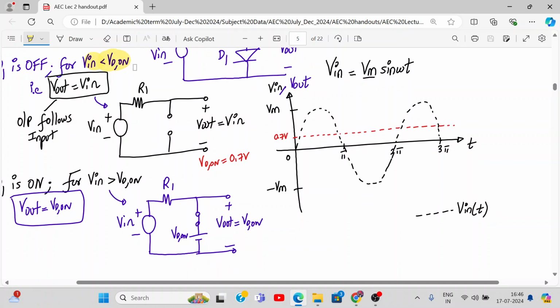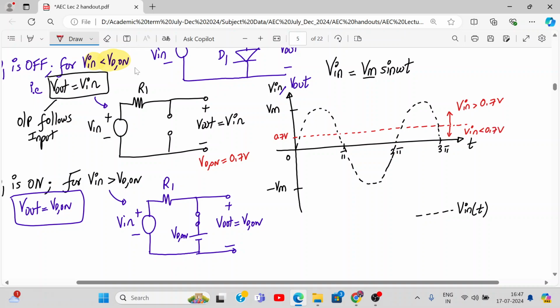Can you see this bifurcation line, red line? Correct. So above this red line, V in is greater than 0.7, right? Yes or no? Come on, students. It is greater than 0.7, and below this red line, including negative, V in is less than 0.7. Yes or no?